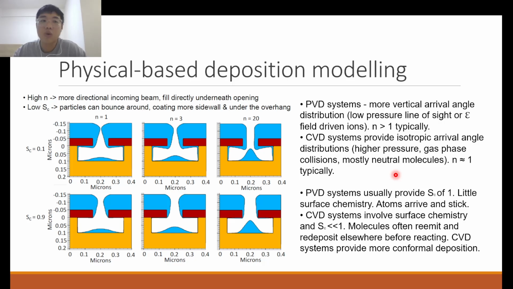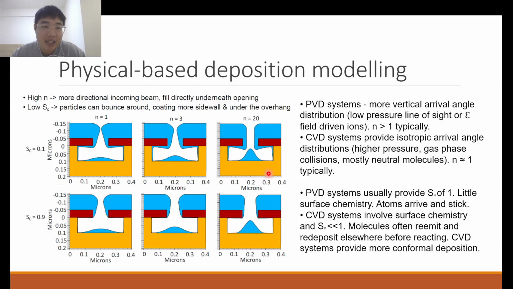So what is the effect of N and SC on your eventual deposition profile? If your N becomes greater, we see that the deposition becomes more directional, so we are able to have a better coverage of the base, of the bottom. So it's able to better achieve your bottom coverage.